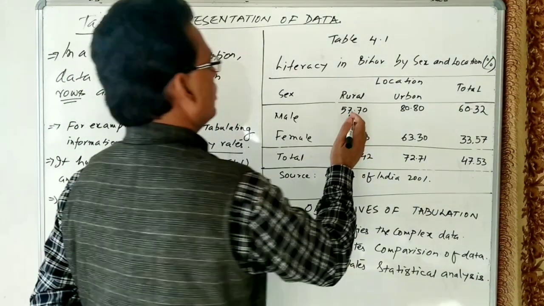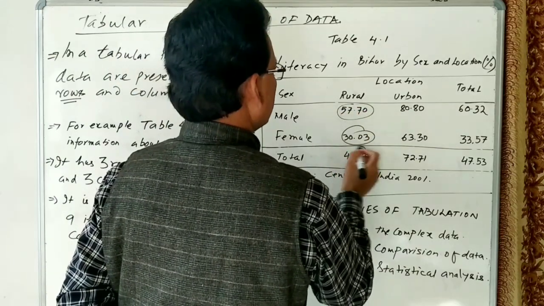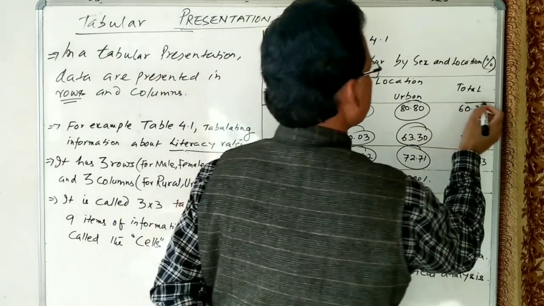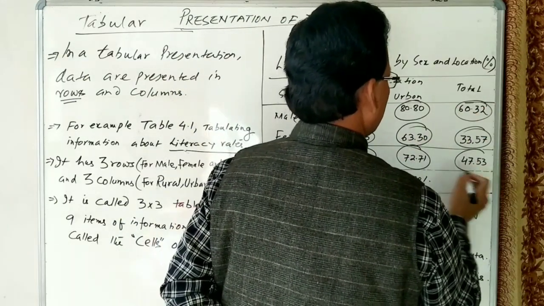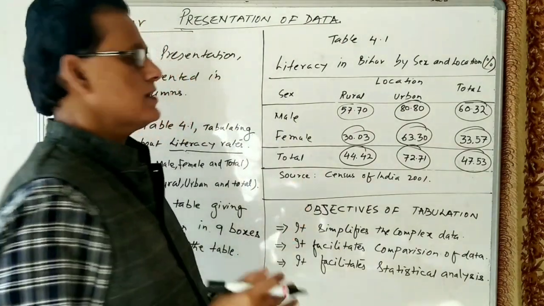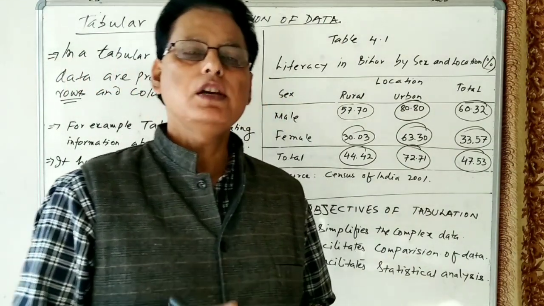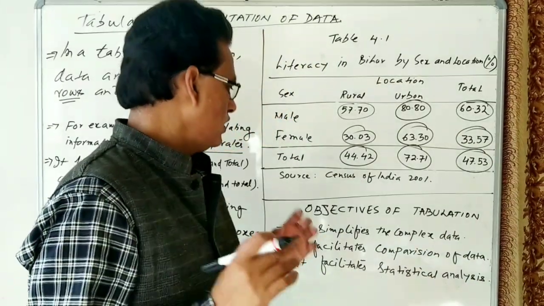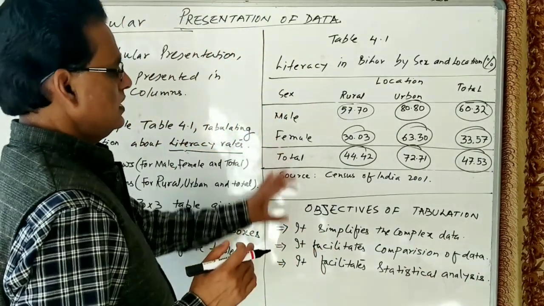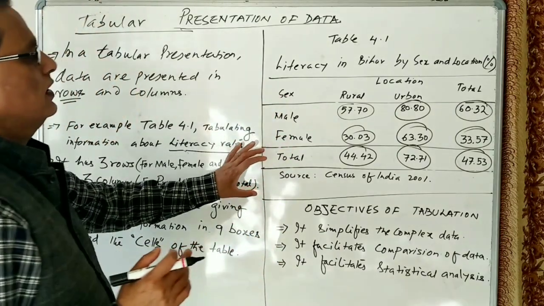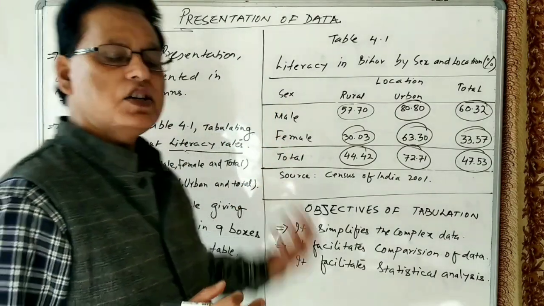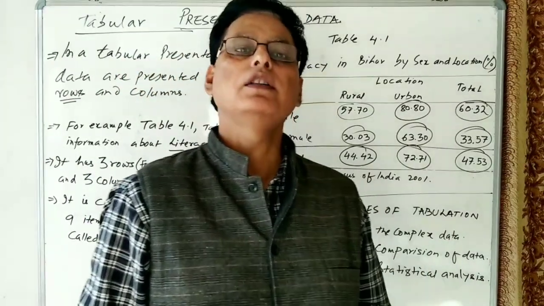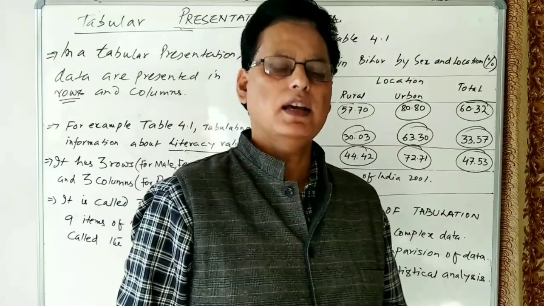Altogether there are 9 cells, and these cells contain the information, and are also known as the body of a table. So the body is the main part of the table. This table explains the literacy of the male and female, both in the rural areas and urban areas.